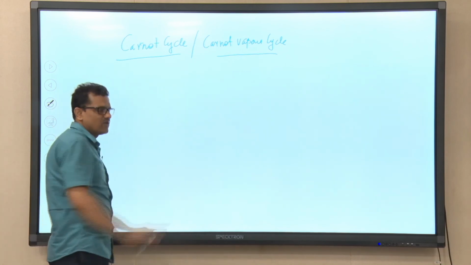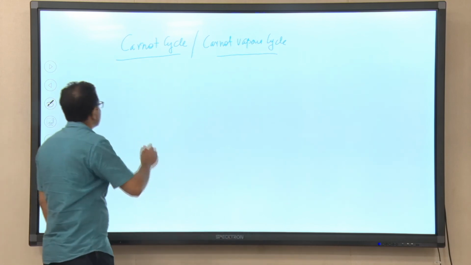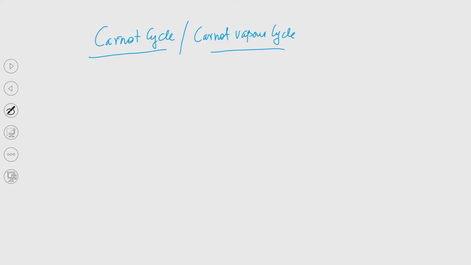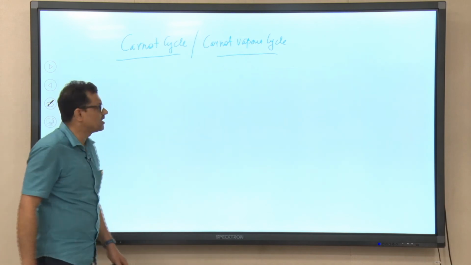Though you have studied this in thermodynamics, I am trying to recapitulate. What is Carnot cycle? That is the ideal cycle considered first, right. So, there are two isothermal and two adiabatic processes.